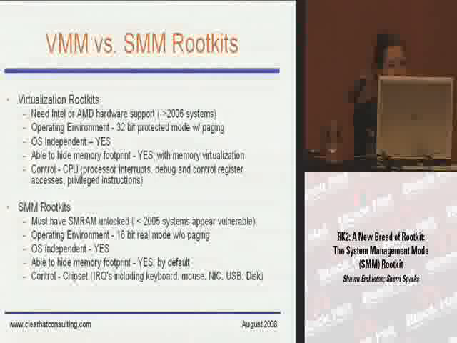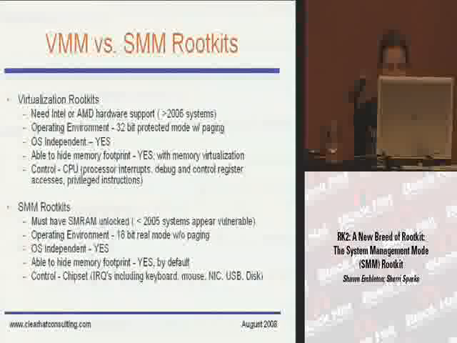The virtualization rootkit has to use memory virtualization, which can incur a performance penalty because memory virtualization can be really slow unless there's also support for hardware-assisted memory virtualization. Whereas the SMM rootkit won't really have that problem with performance or needing hardware memory virtualization because it hides its memory footprint by default, just because of the way the MCH handles accesses to that SMRAM space.